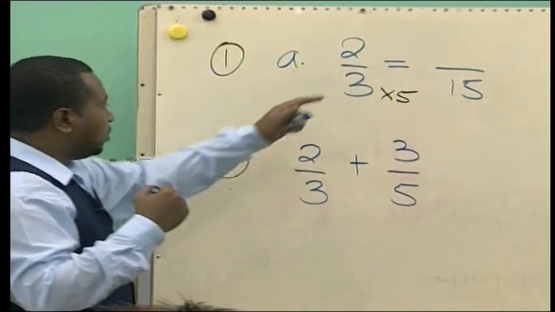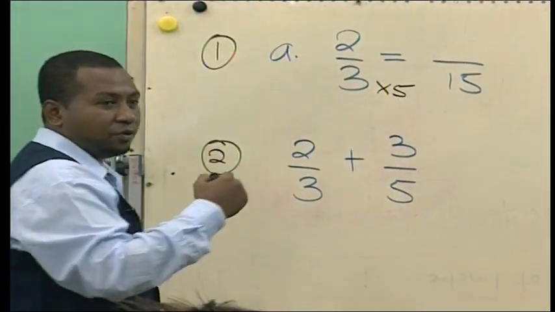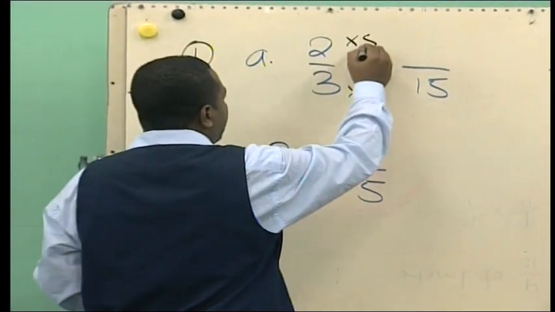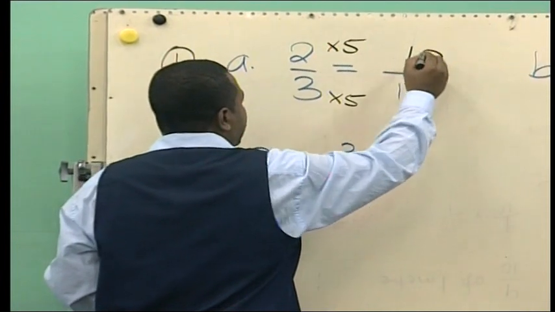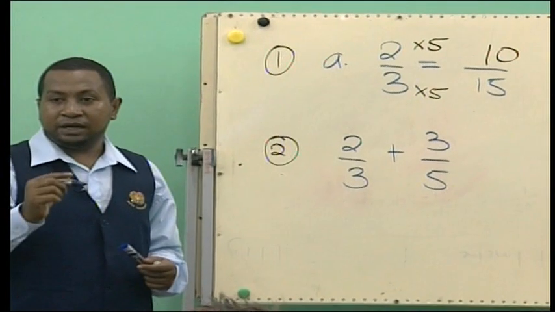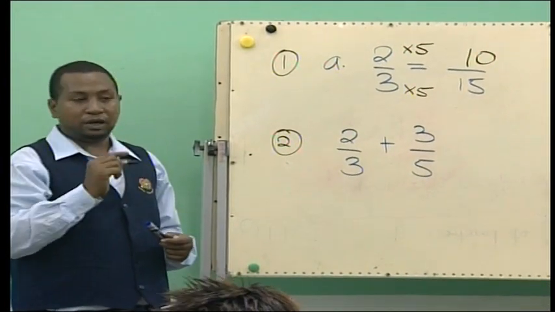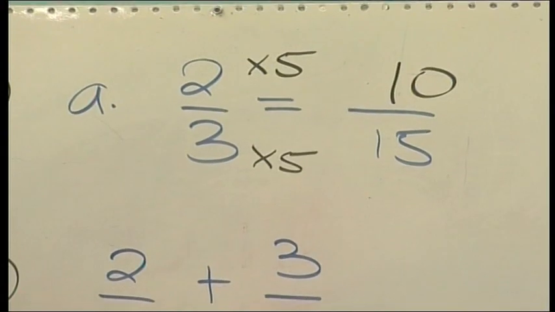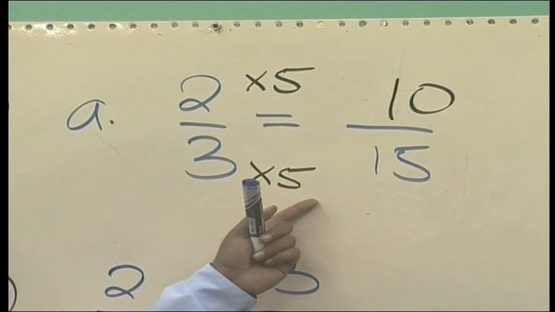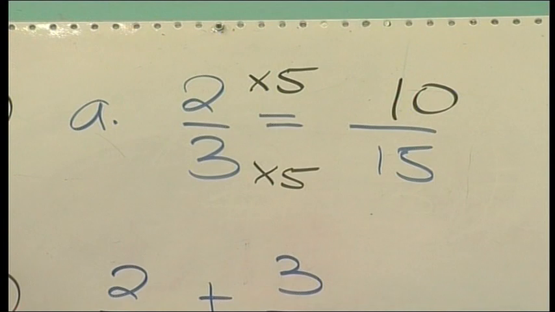So what will be the numerator here? What are we going to do? 2 5s are 10. 2 times 5 equals 10. 70s and receiving students, is 10 correct? Yes. Thank you, Teresa. Teresa said the equivalent fraction for 2/3 is 10 over 15. So that's correct.